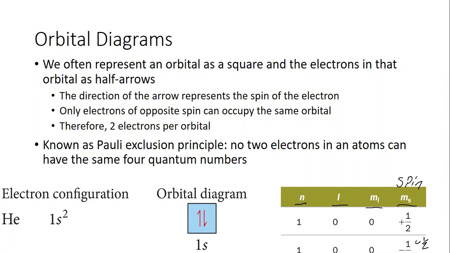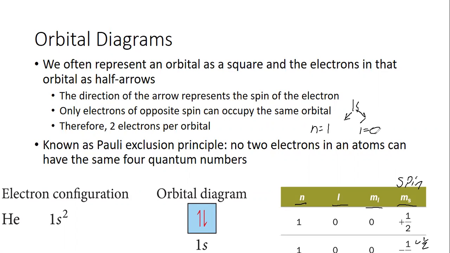Now, like I said, any electron can only have a unique set of quantum numbers, right? So you get 4 quantum numbers, but no two electrons can have the same quantum numbers. It's like their personal ID code, right? In a specific atom, only one electron can have a specific ID. So when we are looking at our energy levels that we talked about on Monday, if we look at the 1s orbital, remember, if we're talking about 1s, n equals 1, and s means that l equals 0, right?